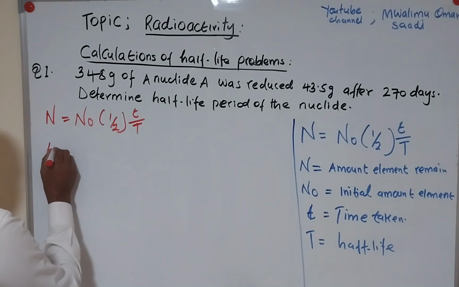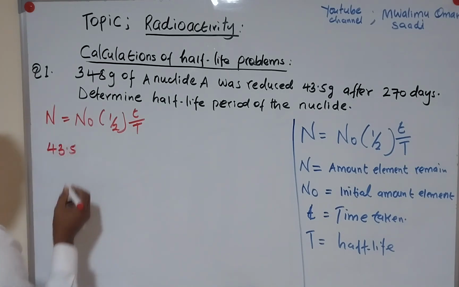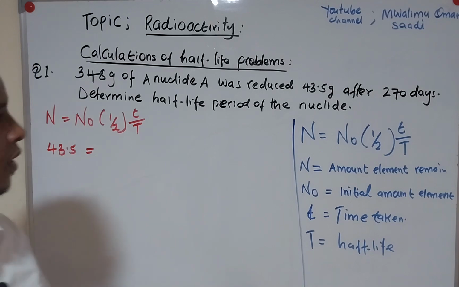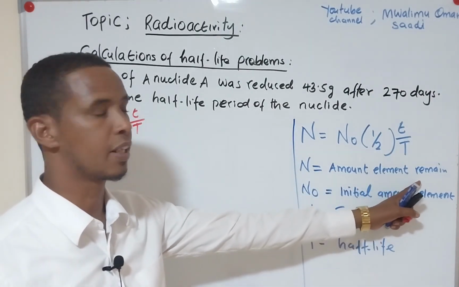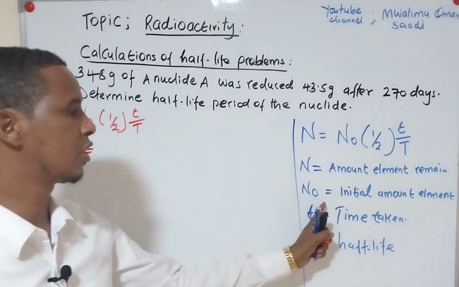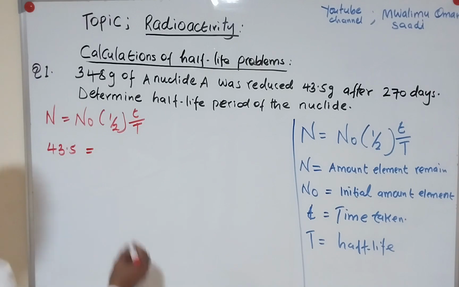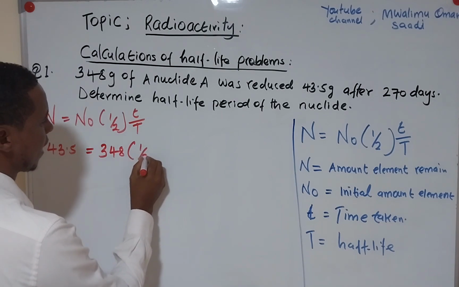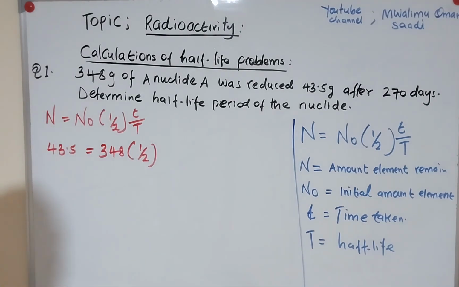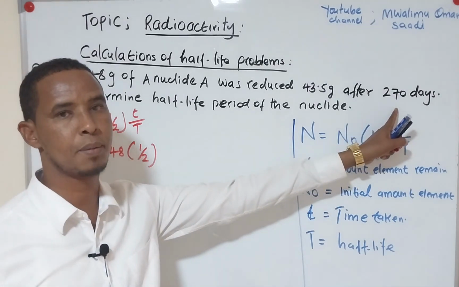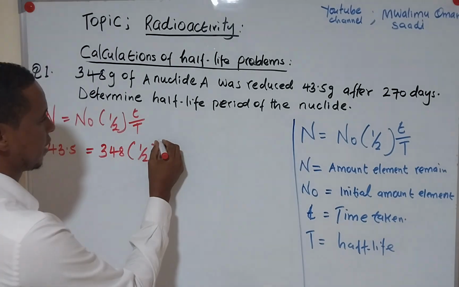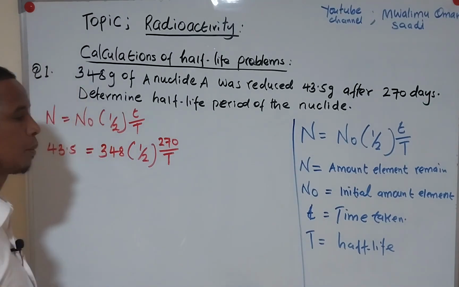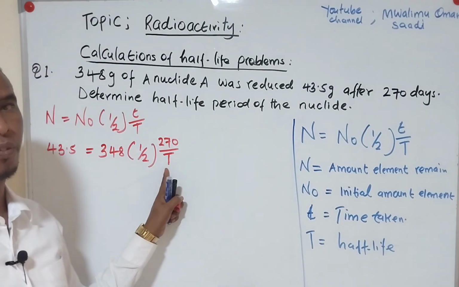So 43.5 is equal to N0, which is the initial amount of the element, 348, times half. Small t is the time taken, and we're given 270 days. So that is 270 all over the capital T. That is what we need to find.